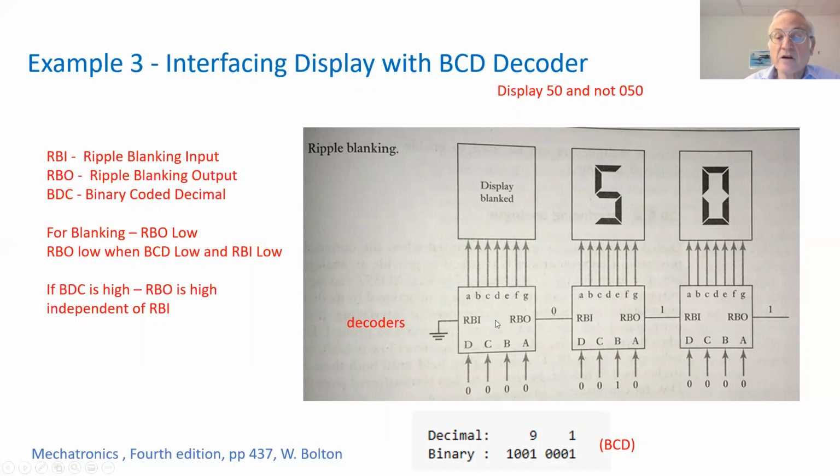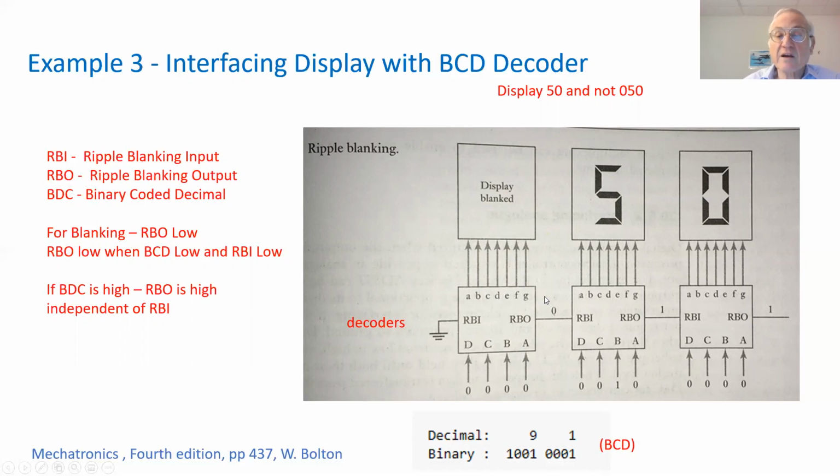This receives a binary code, and if it is 0001, then we would like to place a 1 here. If it's 1001, this is the binary designation of 9.